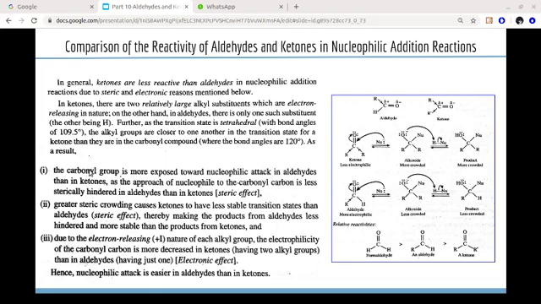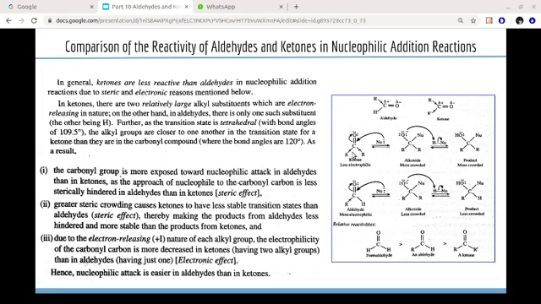So the carbonyl group is more exposed towards nucleophilic attack in aldehydes than in ketones. That means in the case of an aldehyde, the carbon is highly electrophilic, because there is only one alkyl group and hence only one electron releasing effect. But in ketones, there are two alkyl groups, so the electron releasing effect from two alkyl groups will occur.